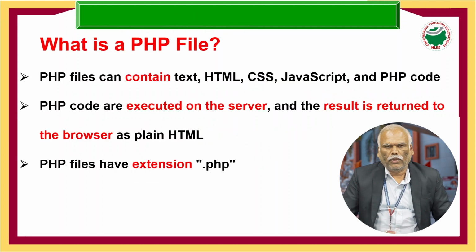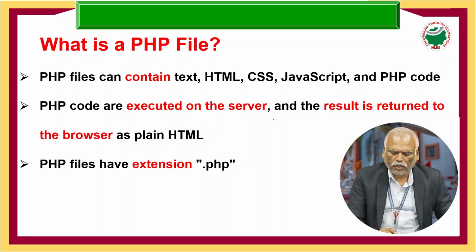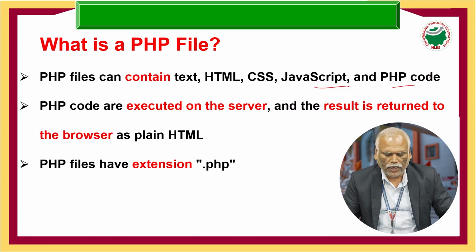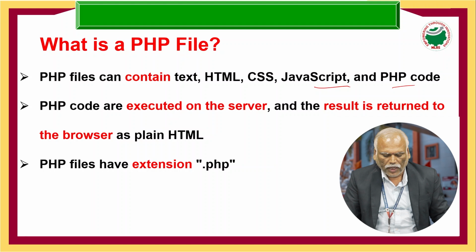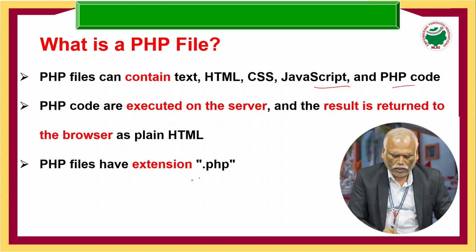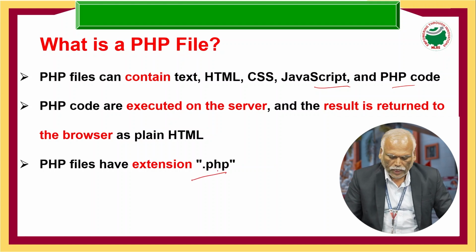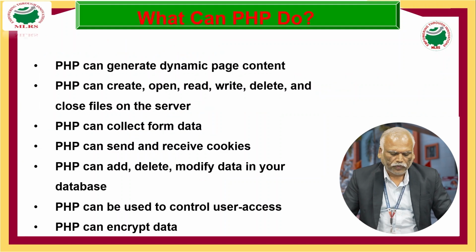What does a PHP file contain? These files can contain text, HTML, CSS, JavaScript and PHP code. The PHP code is executed on the server and the results are returned to the browser as plain text. PHP files are written and stored with the .php extension.